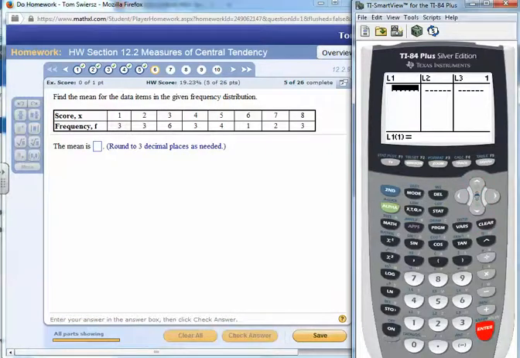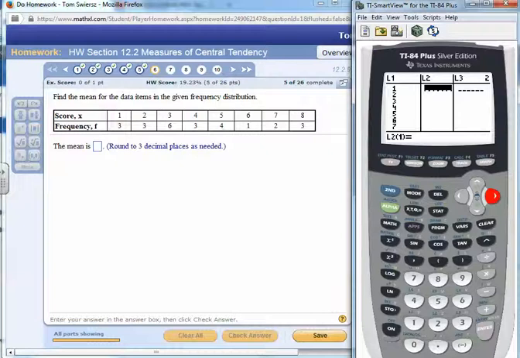The scores go in L1, so we got 1 through 8. So score number 1 is 1, then a 2, then a 3, enter, 4, 5, 6, 7, and 8.